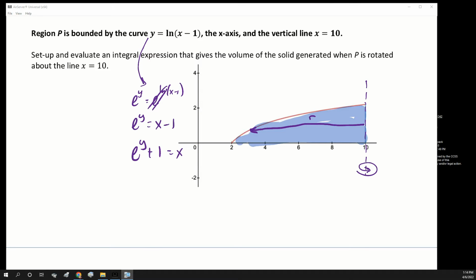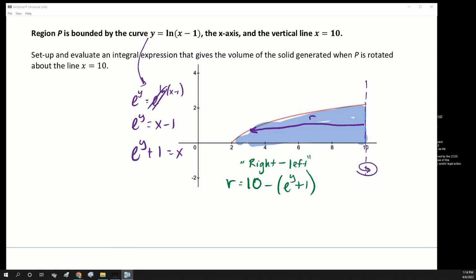Okay, so in this integral, when we're using this curve, we're going to use this one, not this one. To represent the radius, when your radius is horizontal, you're going to think right minus left. In this case, the right is 10, and the left is the curve, which we will use as e to the y plus 1.